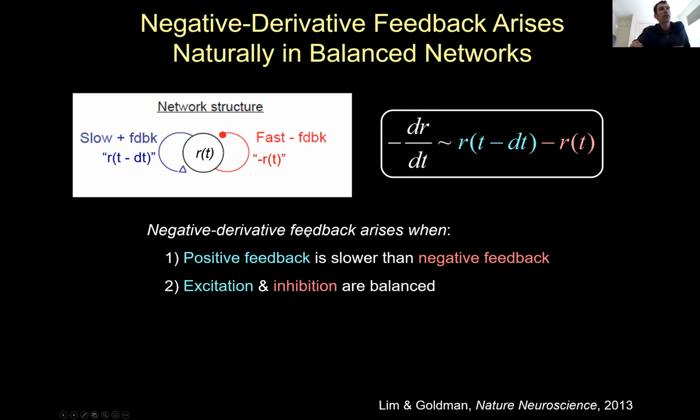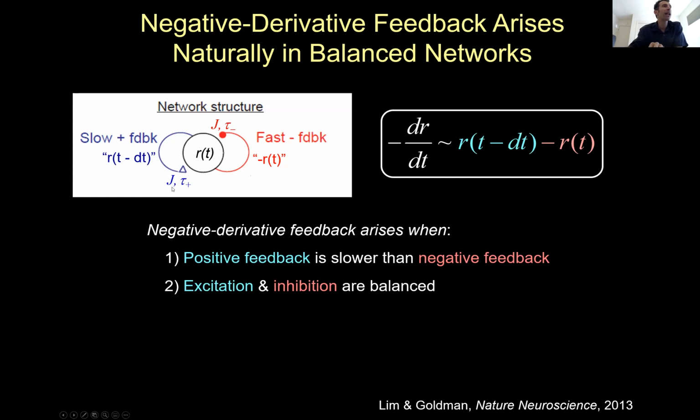So negative derivative feedback naturally arises when positive feedback is slower than negative feedback, and when the amplitudes of these are equal, so excitation and inhibition are balanced. One can just carry through the math, and it's in this paper.